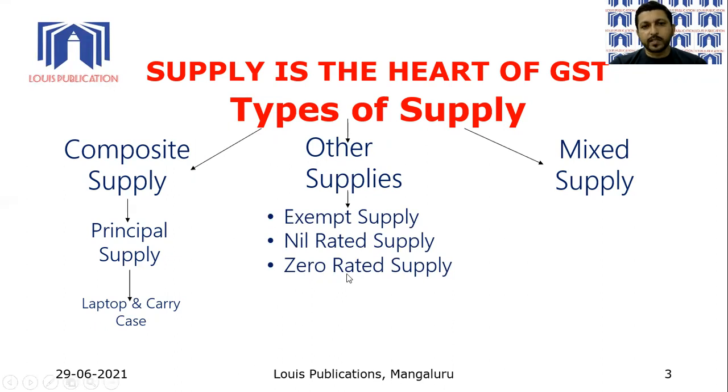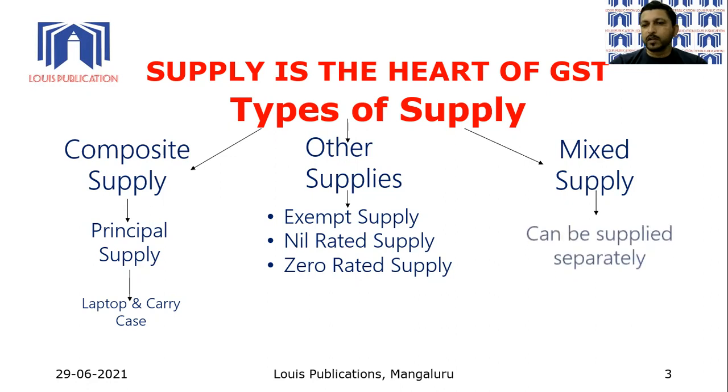As far as zero rated is concerned, we have two very important transactions covered under this. First one is any supply of goods or services to a special economic zone or a unit operating in a special economic zone. And the second one is exports. These are the only two transactions which are at present covered under zero rated supply. So that's about other supplies.